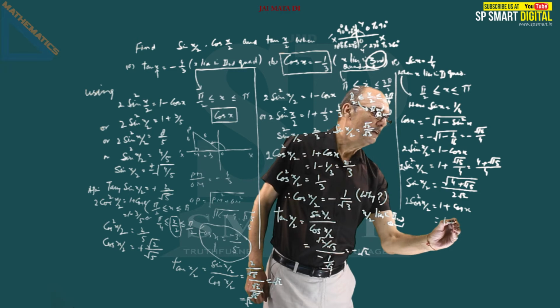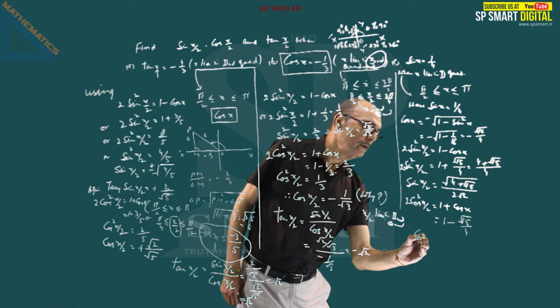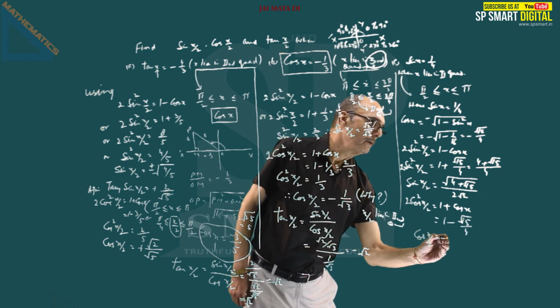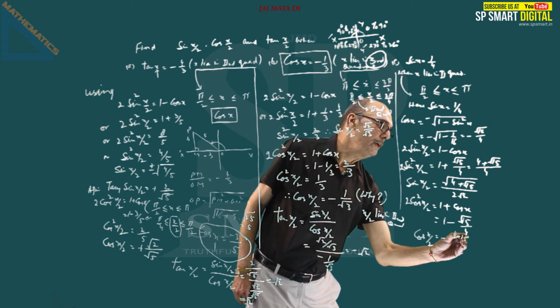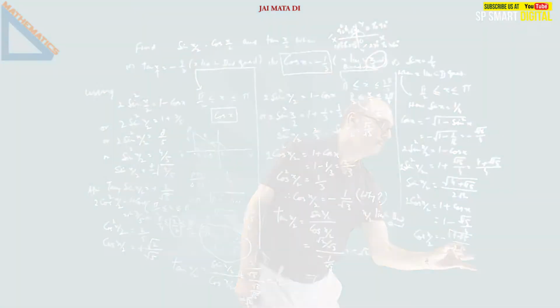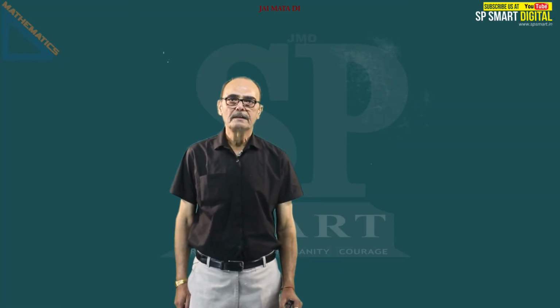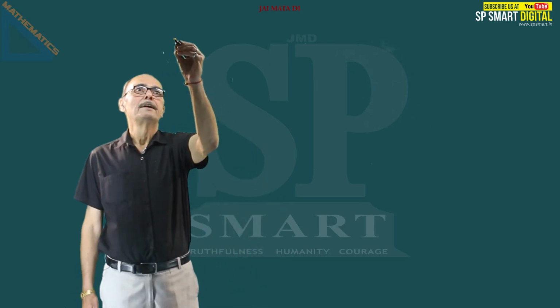So, this is 1 minus under root 15 by 4, and cos of x by 2 will be minus under root 4 minus under root 15 upon 2 root 2.